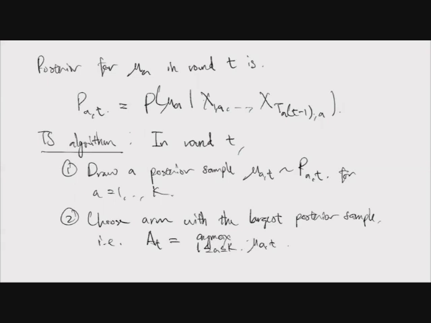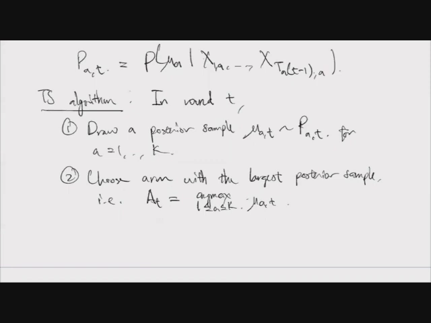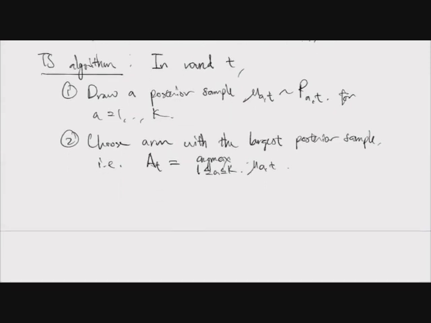In other words, the probability that we choose arm A, for each A, is the probability that arm A is the largest arm under the posterior. And this is the posterior with respect to all of the data that we have observed so far. Again, it's pretty intuitive what's happening.